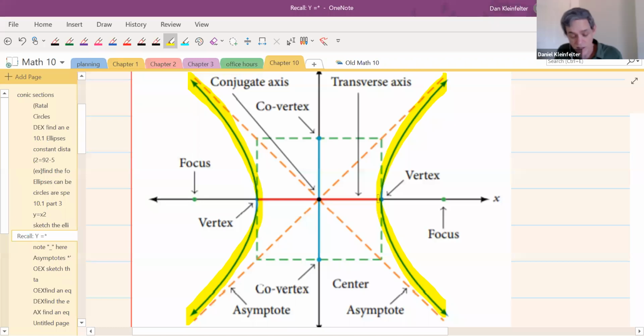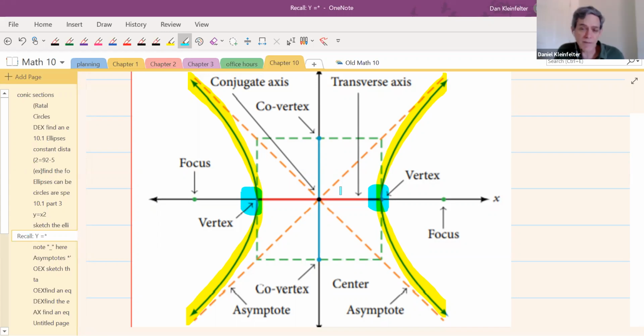Provided this thing is centered at the origin, where the graph crosses the x-axis in this picture is the vertex, or vertices. There's two of them. Just like in an ellipse, there are two vertices, and where they were the endpoints of the major axis on an ellipse, the two vertices on a hyperbola are the two points where the hyperbola itself crosses the coordinate axis.